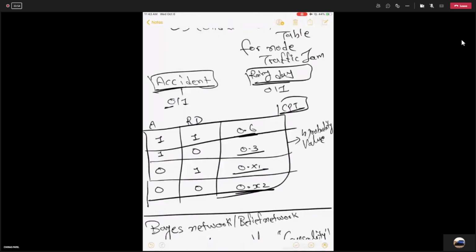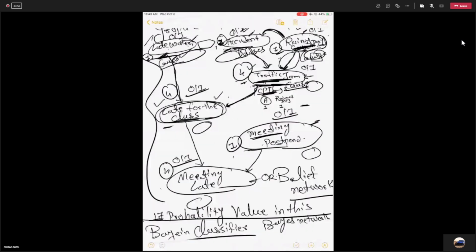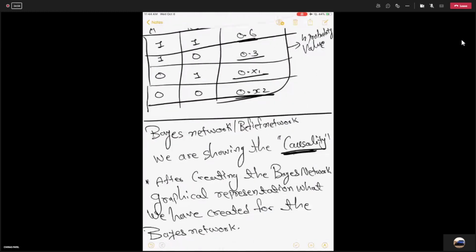If you want to calculate each and every CPT table, the one for traffic jam we calculated over here. Now, late for the classes.